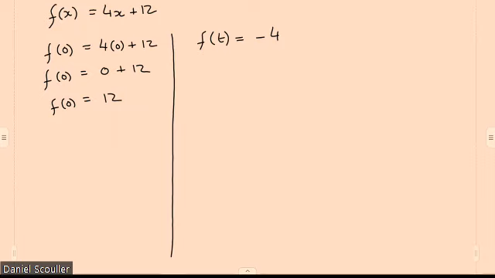So f(t), they're just substituting in the t instead of the x. It's in the exact same format except I'm using the t there.